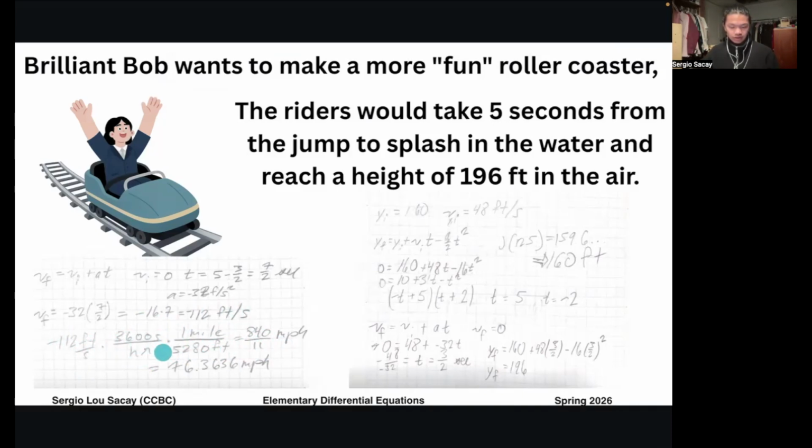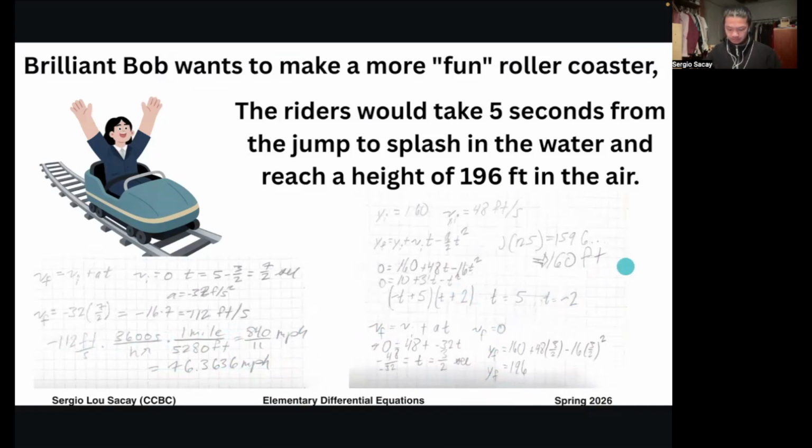So those cancel and this one cancels. So we get 840 over 11 miles per hour, and this becomes, excuse me, 76.3636 miles per hour. That's pretty fast. That's really fast. That's like highway speed fast. That's how they're gonna hit the ground.